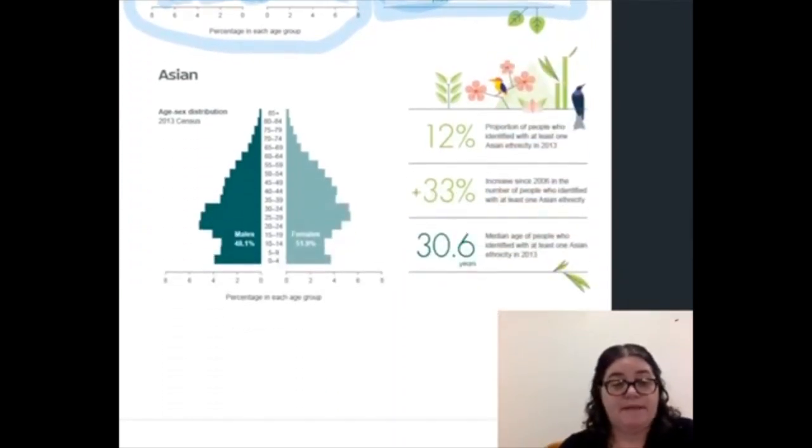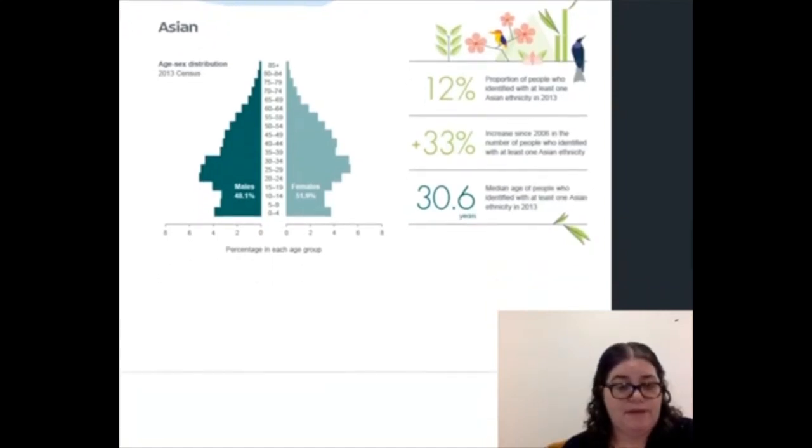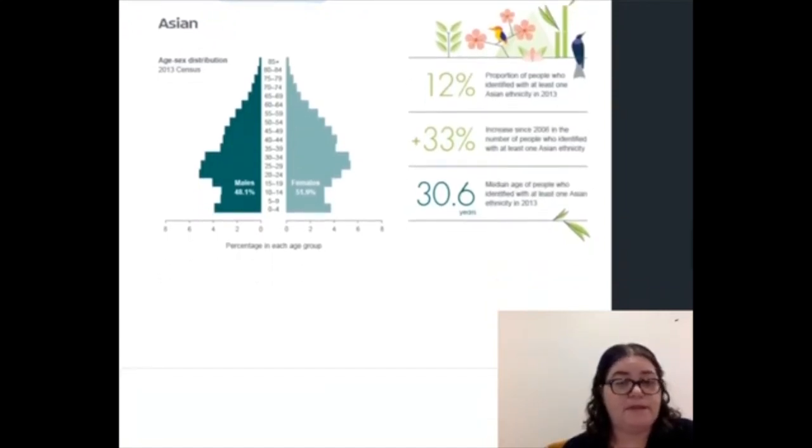As a comparison to that, here is the graph of the Asian population at the 2013 census results. We can see at a glance that there is a different shape to that of Pacifica people. For Asian people, in that middle age group, 20s to 30, there was a much greater number of people.